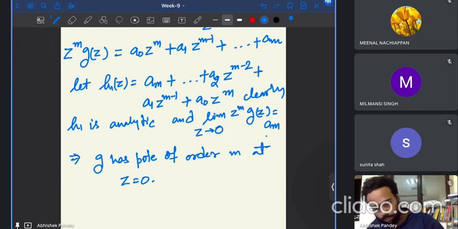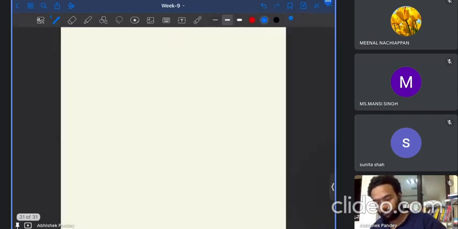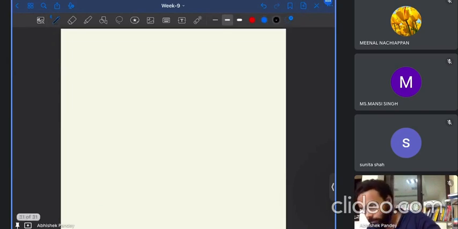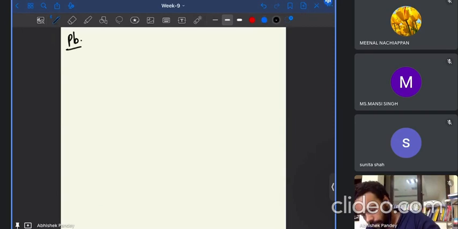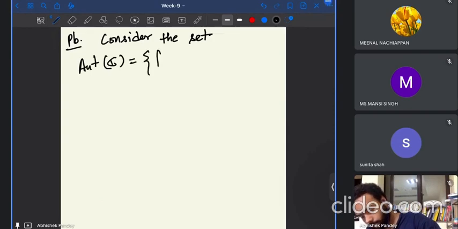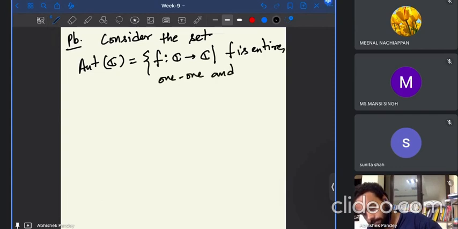We will just see the last problem, which is regarding the automorphism. Consider the following set. We will denote it as the automorphism group of C, which is the set of f from C to C such that f is entire, one-one and onto.